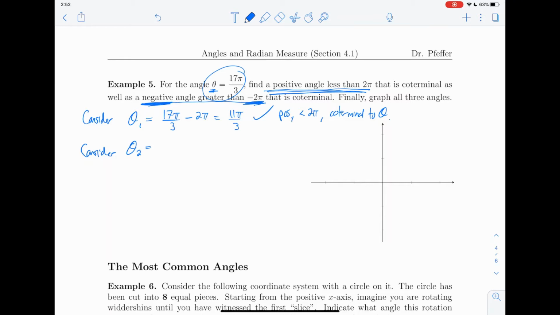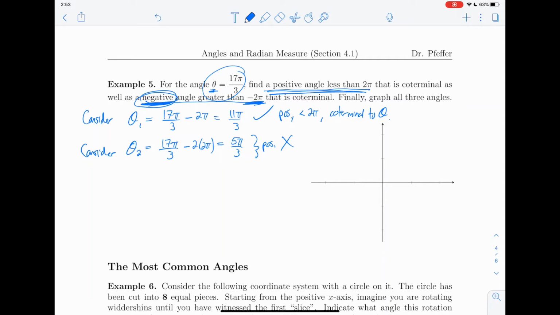Maybe we can take the original angle, 17 pi over 3, and instead of subtracting off 1 full revolution, we'll subtract off 2 full revolutions. This is 4 pi, and when I compute that difference, I end up with 5 pi over 3. This, however, is positive, and that's not what we're looking for. We're looking for a negative angle.